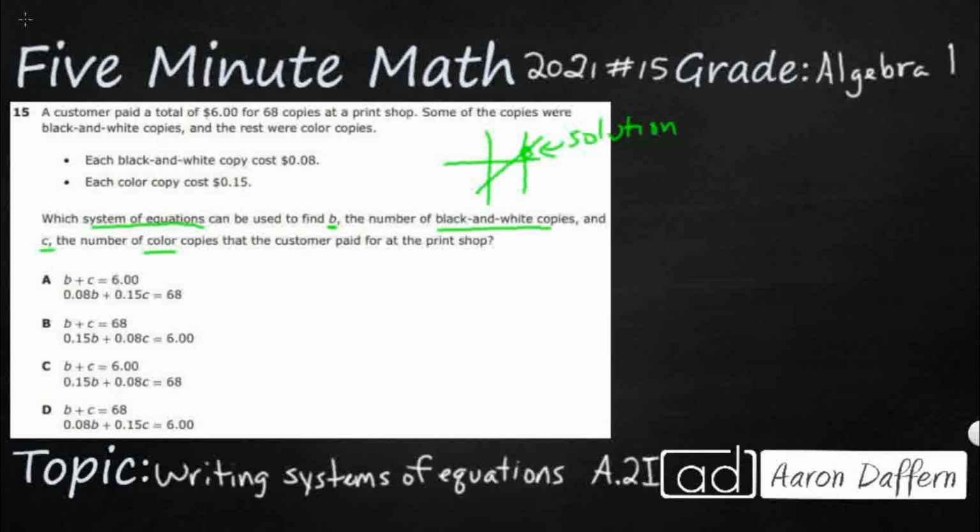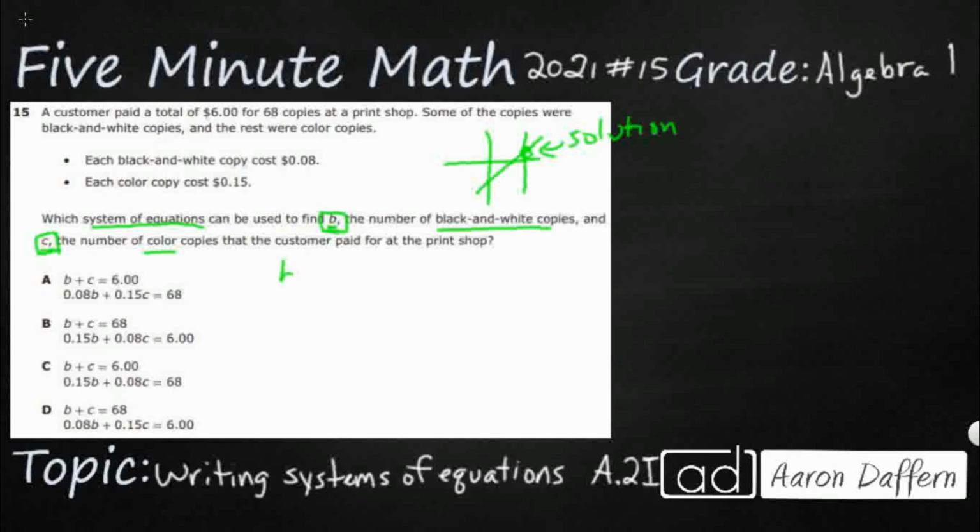And let's take a look at what we have here. We've got a customer who paid a total of $6 for 68 copies, and we've got our B and C. So we need to be very careful of what they're actually giving us.